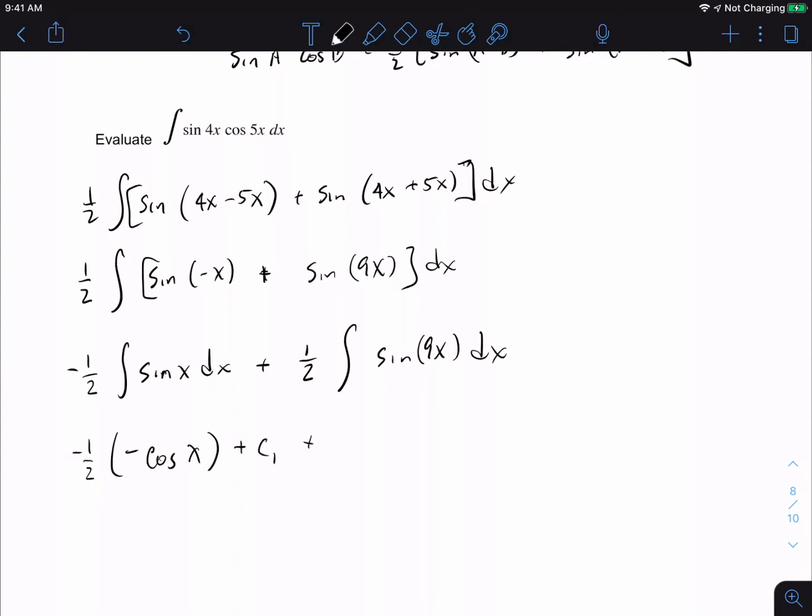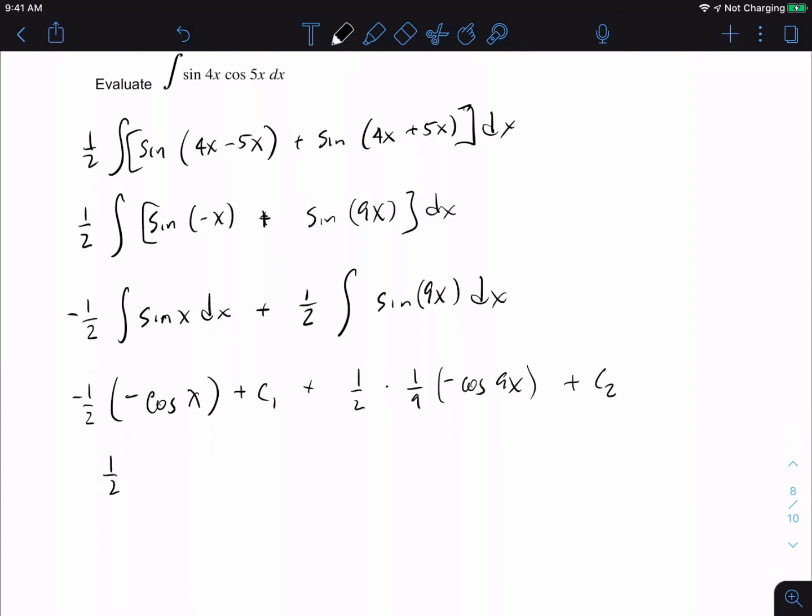Plus some constant, plus 1/2 times 1/9 negative cosine of 9x plus some other constant. And so what I'm going to get is 1/2 cosine of x, I should put minus 1/18 cosine of 9x plus some new big constant.